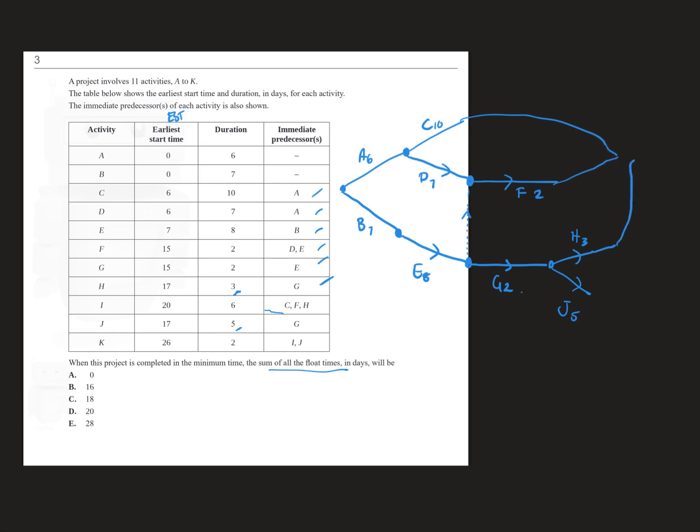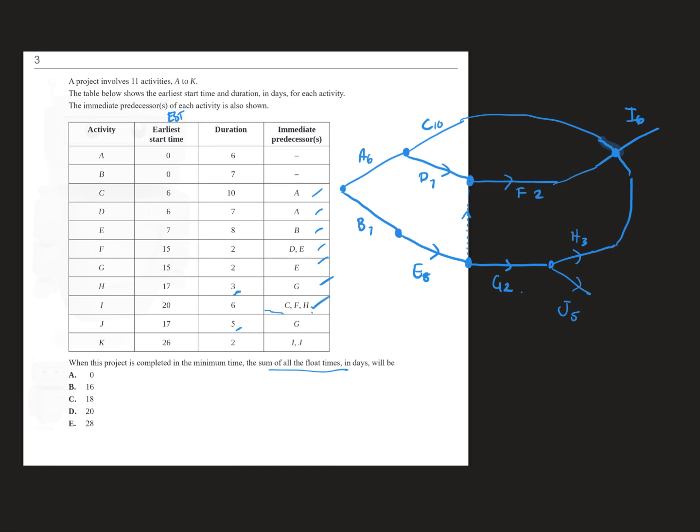It doesn't really matter. It's a little bit dodgy, but you're not getting us to draw it, and the drawing is just there to help you. So I'm just going to bring all these in, and we've got I coming out. This is a really messy network, but it doesn't matter.